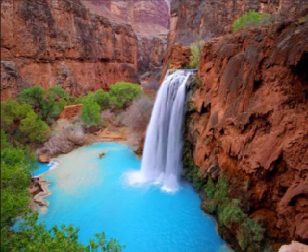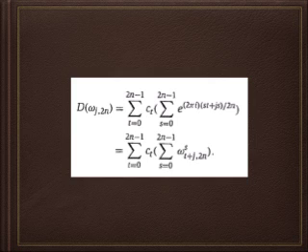Using this fact and extending the notation to omega s to n equals e to the 2 pi i divided by 2n, then to the s, even when s is greater than or equal to 2n, we get that d of omega j to n is equal to the summation of t from 0 to 2n minus 1 of ct times the summation of index s from 0 to 2n minus 1 of the term e to the 2 pi i times st plus js, divided by 2n, which is equal to the summation of t from 0 to 2n minus 1 of ct, times the summation of omega t plus j to n to the s, with s from 0 to 2n minus 1.